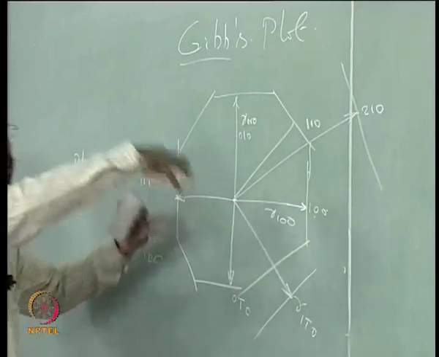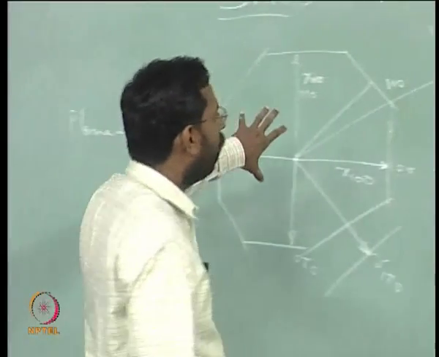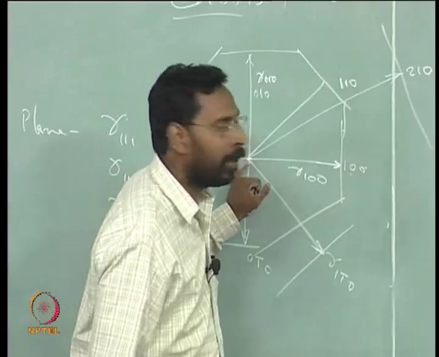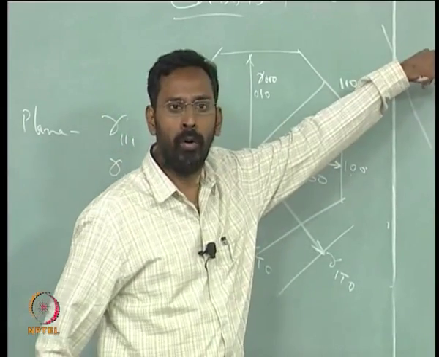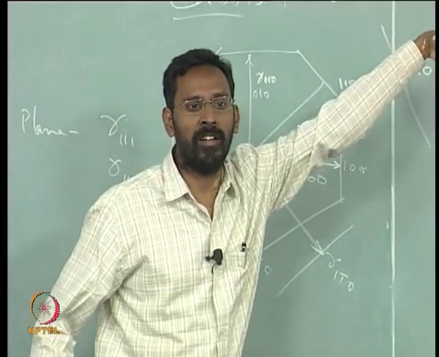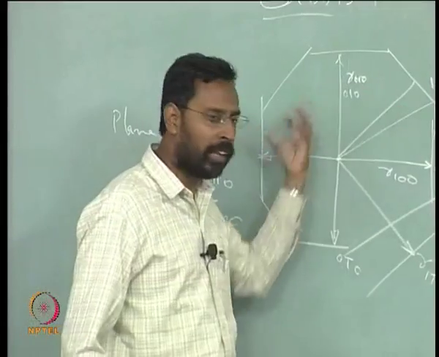shape which gets formed, which has the minimum area. The moment one of the planes has its vector going out, that means it has a large surface energy. I am avoiding all those large surface energies and taking only that particular area.